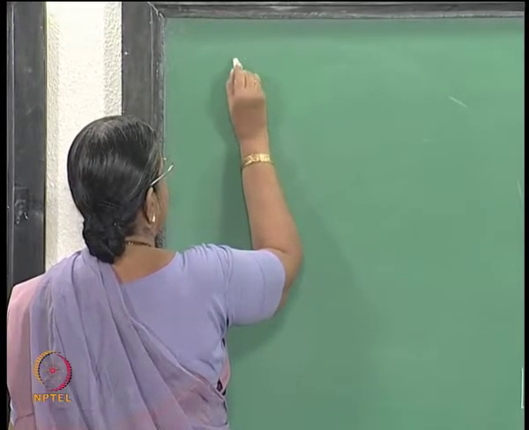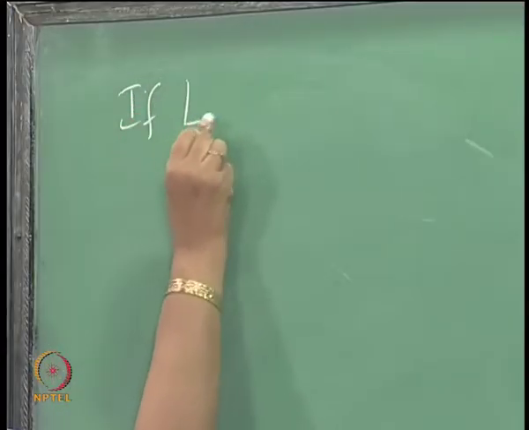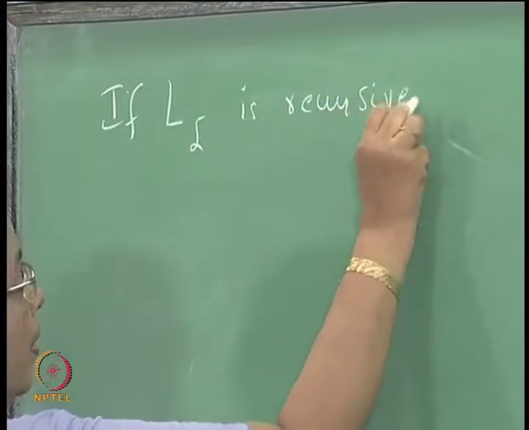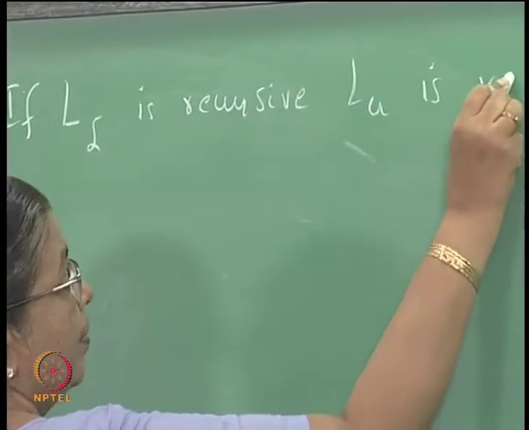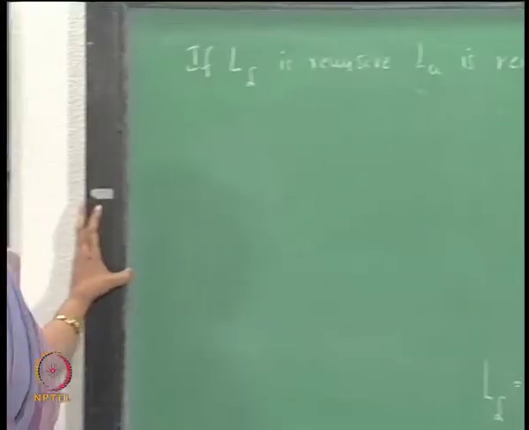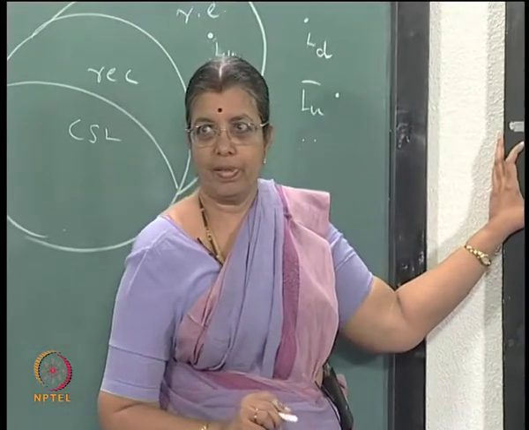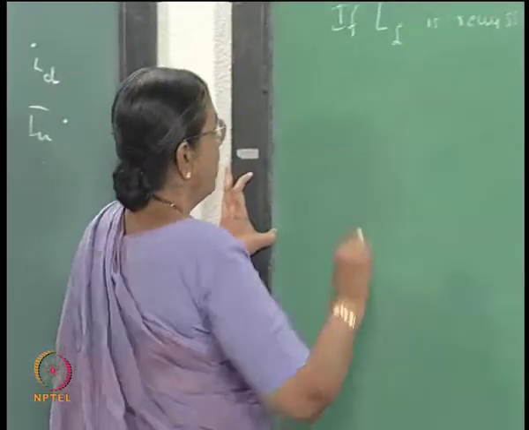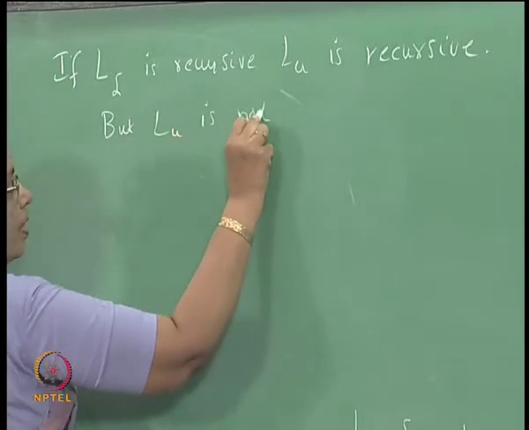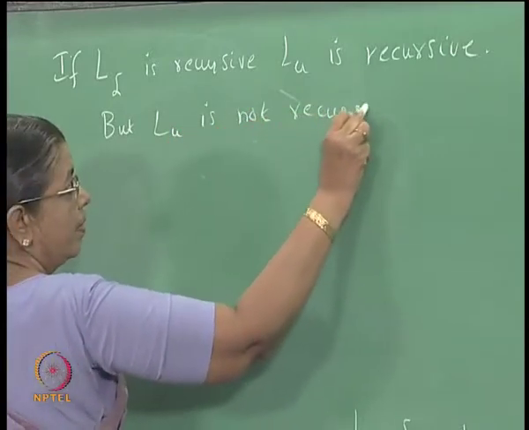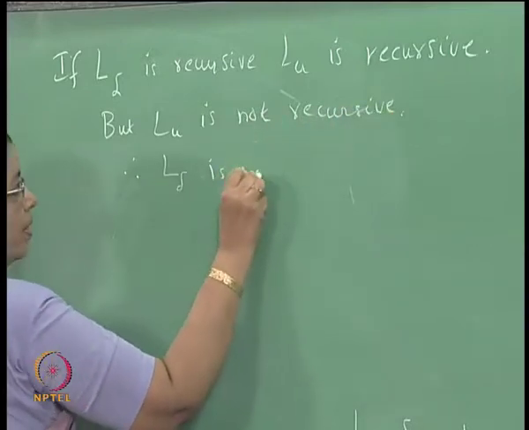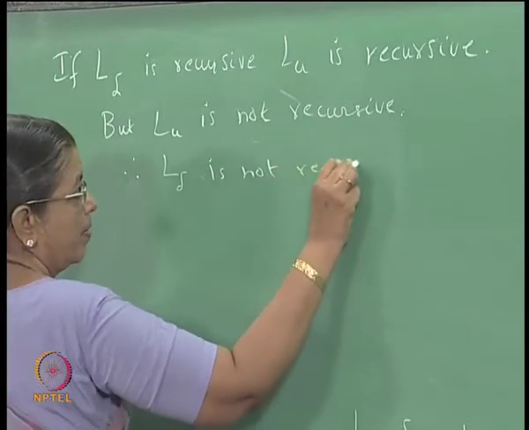You prove like this: if L of S is recursive, L of U will be recursive, but you know that L of U is not recursive. Therefore, L of S is not recursive. This will be the argument.